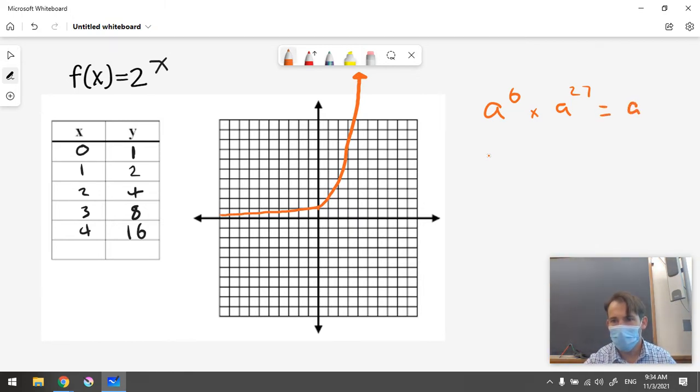So you're going to want to remember this and write it down. If I have x and I raise that to the power a and I multiply that by x and I raise that to the power b, what's that going to give me?